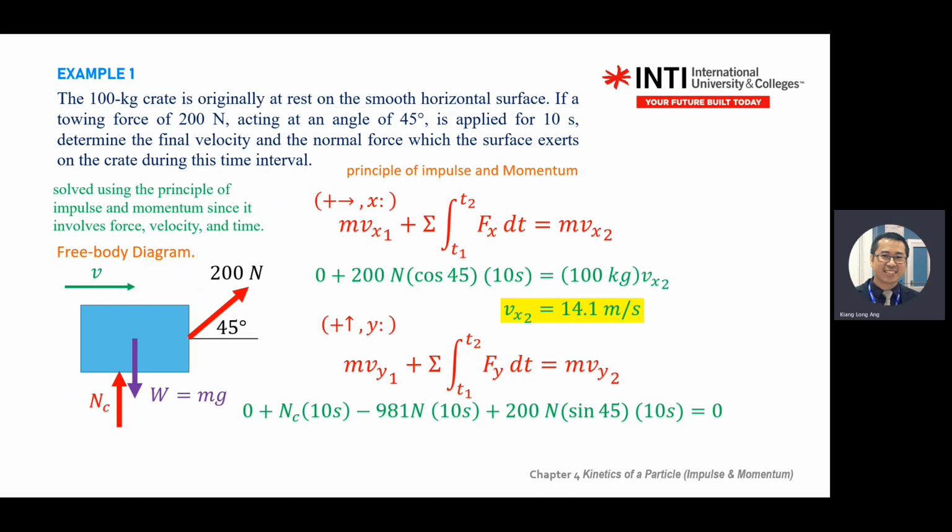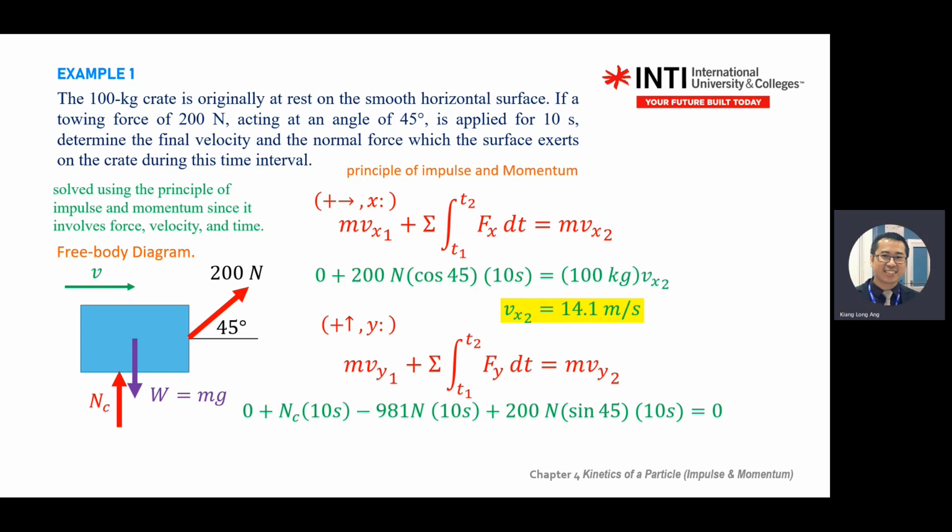In this case, your W is negative because it acts downward, and there's one more force, your normal force. Inside the linear impulse, you need to consider all the forces that you extract from your free body diagram. That's why your free body diagram is very important. If you miss one in section A, the free body diagram section, the second section of your solution will be wrong already. For example, in this case, if you forget to draw the normal force, you will get the wrong answer for the y component. Okay?